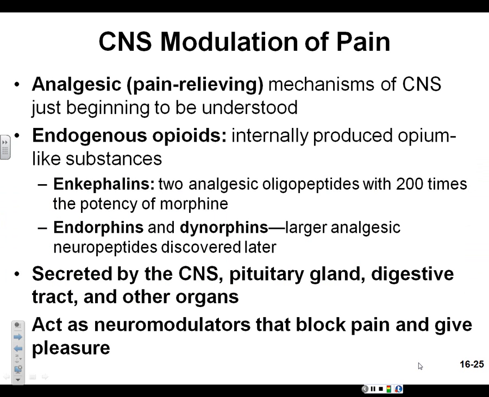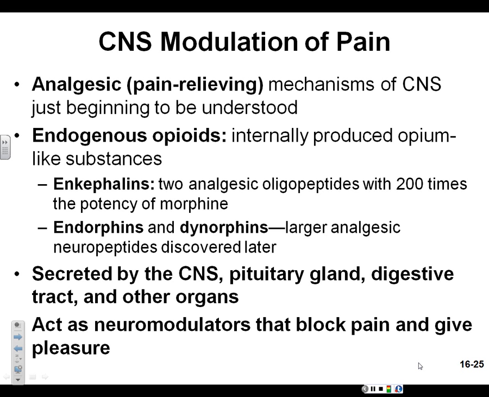All right, when we look at the modulation of pain, analgesics are pain relievers. Your Schedule 3, your NSAIDs, your ibuprofen, your Advils, and from this standpoint. Endogenous analgesics are internally produced opiates to relieve pain.